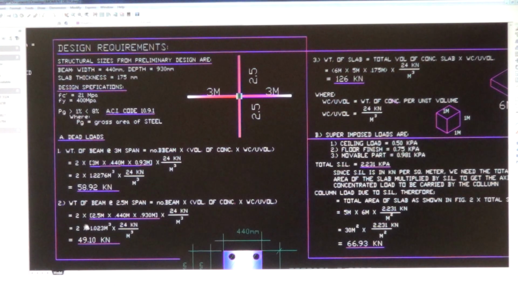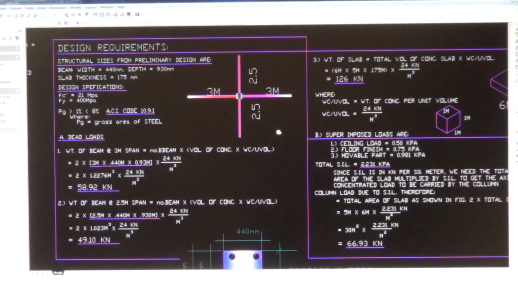So we solve all this together. Meter cube here cancelled, and we solve this together, we get 49.10 kilonewton. That's the beam that has 2.5 meter span. Okay, we solved all the beams.